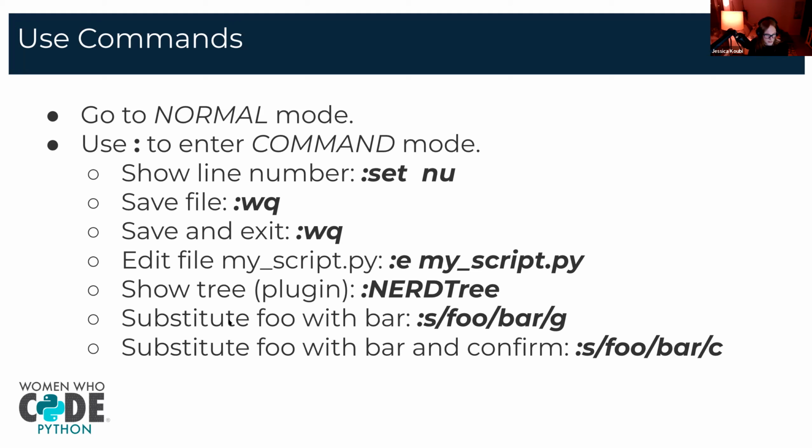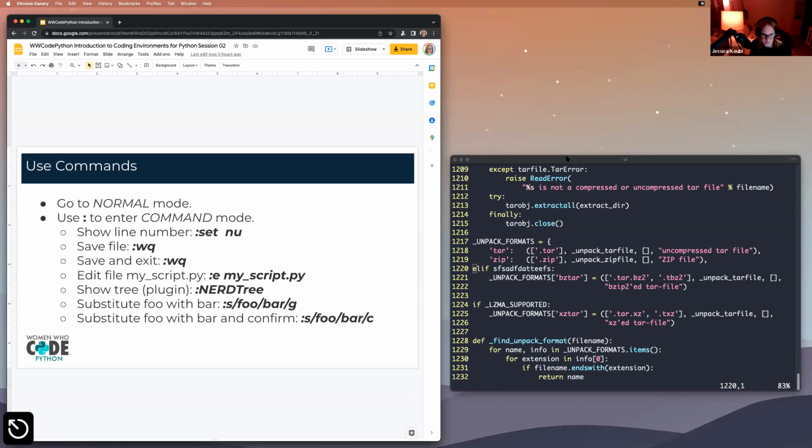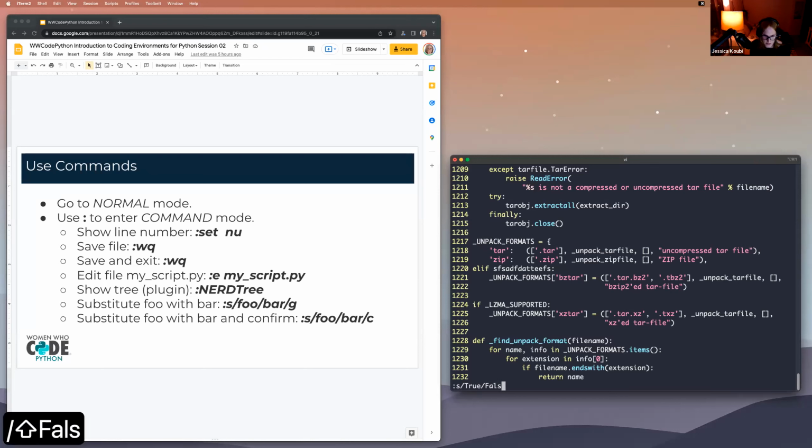Another command which is very interesting is to do search and replace, like find and replace. You do S, meaning that you're going to substitute, and you tell it what you're going to substitute. So let's replace true by false.